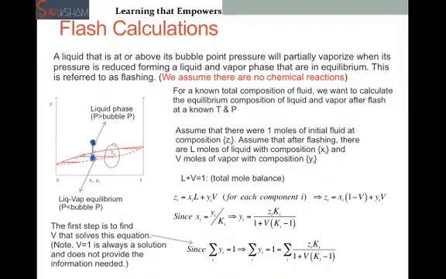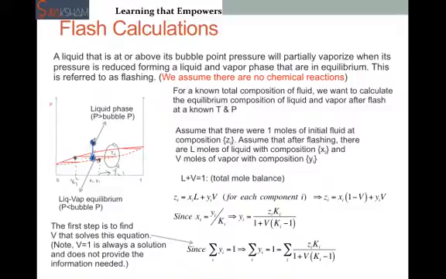And at that pressure, the equilibrium conditions will result in a two-phase system: a liquid phase whose composition is given right here, X1 liquid and X2 liquid, and a vapor phase from this dotted line here whose mole fraction will be given by Y1 vapor and Y2 vapor. So this is the equilibrium condition.